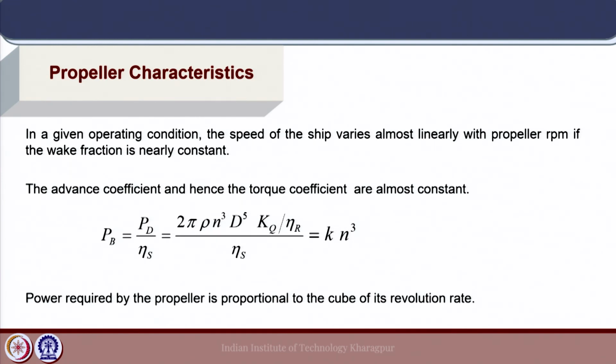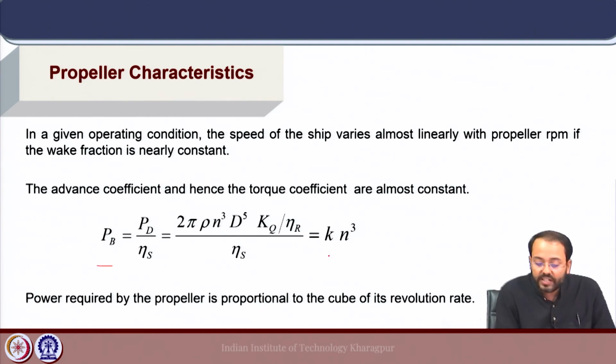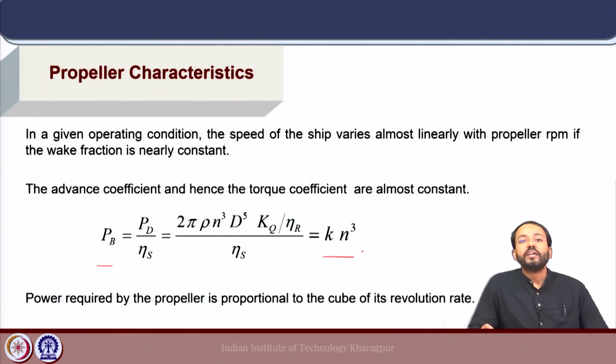What is the nature of the propeller with respect to the relation between the power and the RPM? In general, it can be expressed as a cubic function, that the power is proportional to n cube. We can write Pb as k n cube.